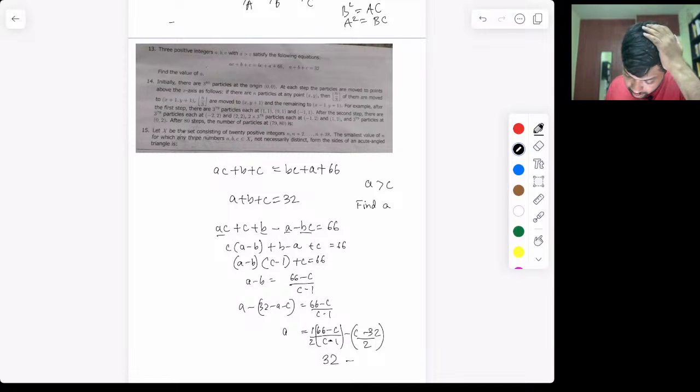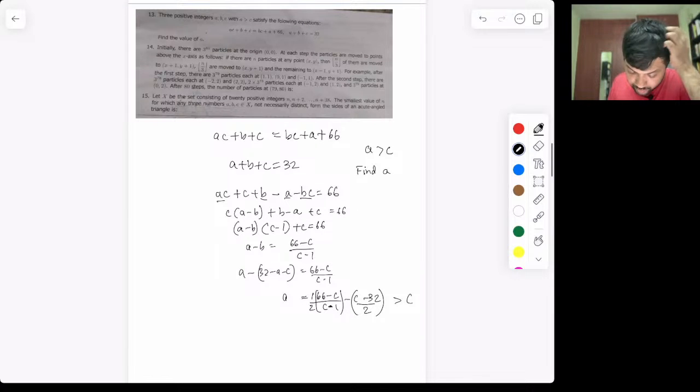So it will be minus 30 plus, a will cross 50. So a is greater than c will put a constraint. What is that constraint? For which value of c will it eventually cross is the question, and then that value of a is the answer. You have to do trial and error now, I think.